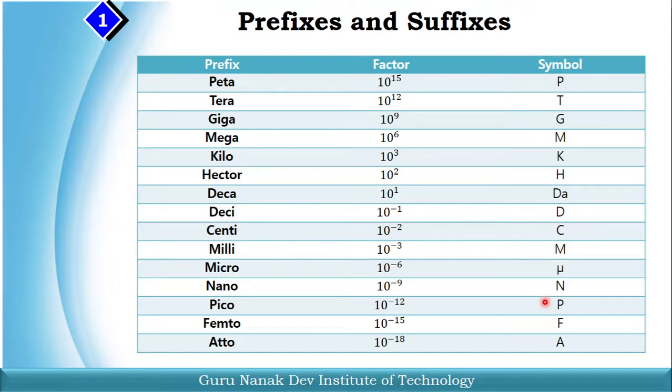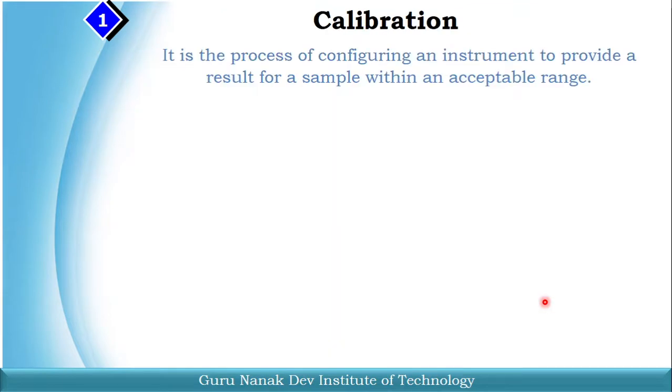Now the next part is calibration. Calibration is the process of configuring an instrument to provide a result for a sample within an acceptable range. Sometimes, due to aging or some other phenomena inside the instrument, the output is outside the acceptable range.